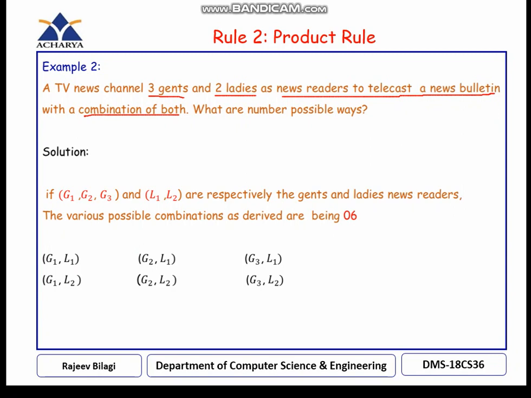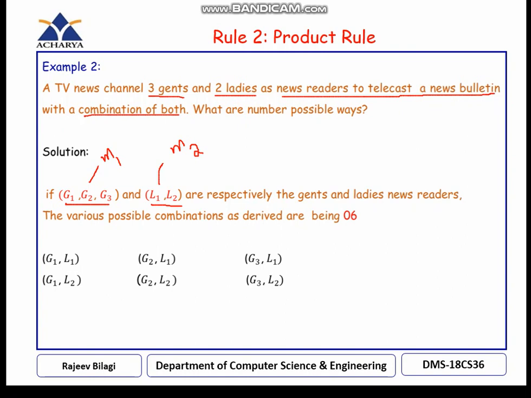If I write, G1, G2, G3 are the number of gents, L1 and L2 will be the number of ladies. So this I will call M1, and this I will call M2.